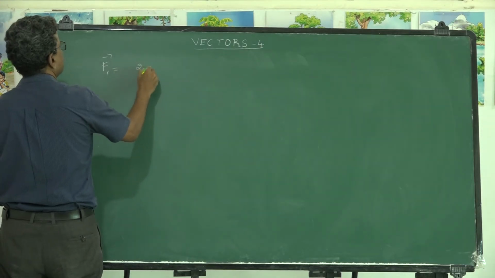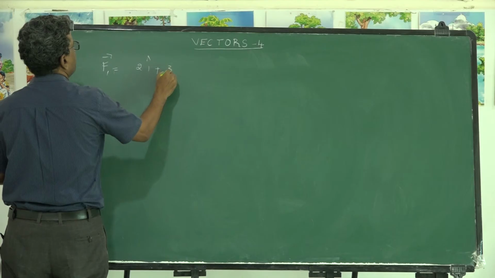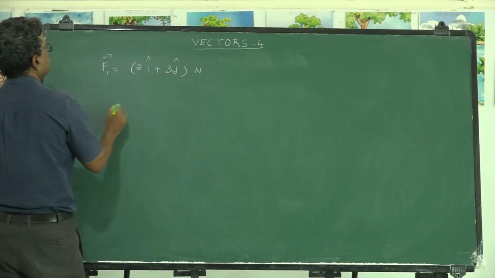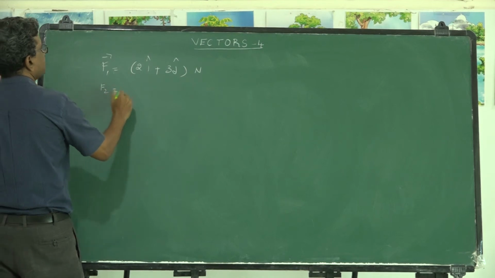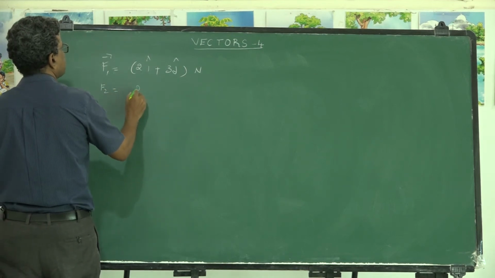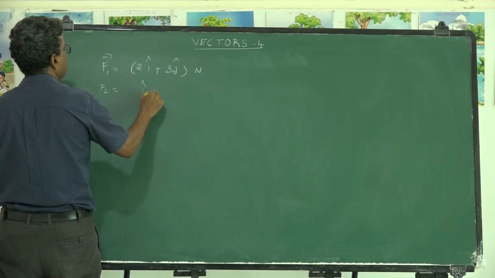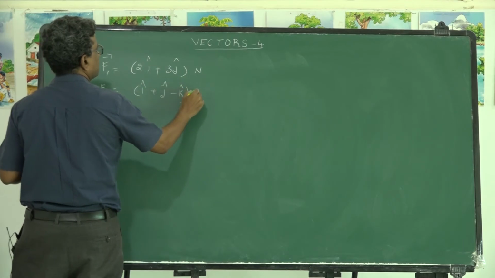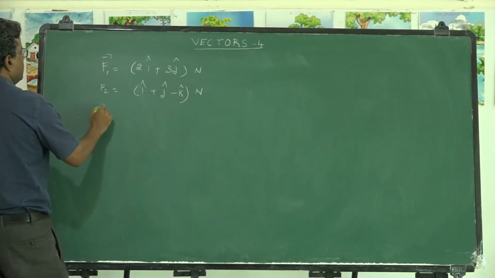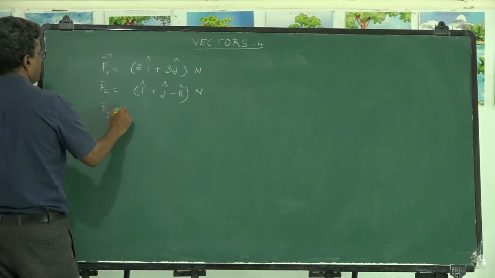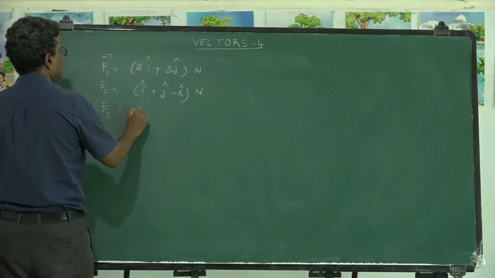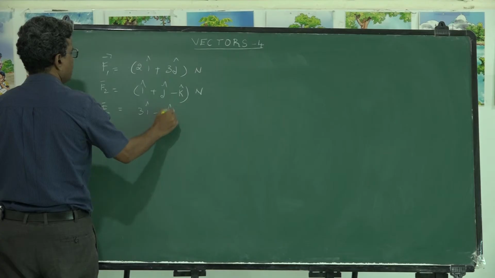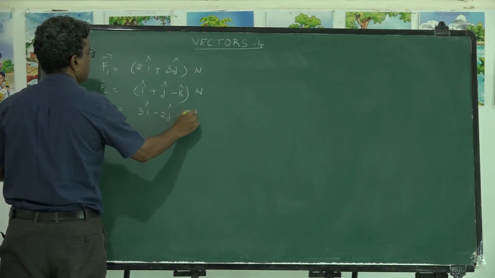The first one is 2i cap plus 3j cap newtons, the second force is i cap plus j cap minus k cap newtons, and the third force acting on the body is 3i cap minus 2j cap plus 5k cap.